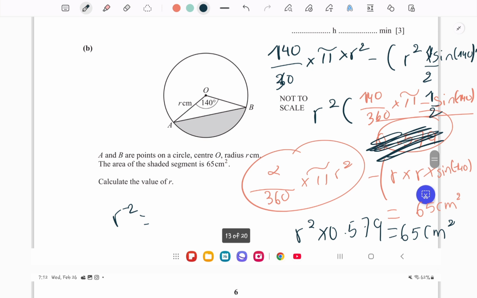So now you're not going to get 0.579, you're going to get 0.9. Okay, so instead you can replace this by 0.9.